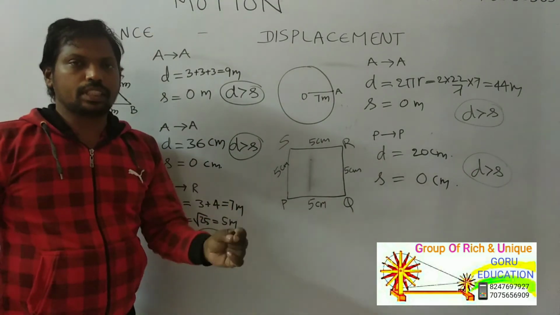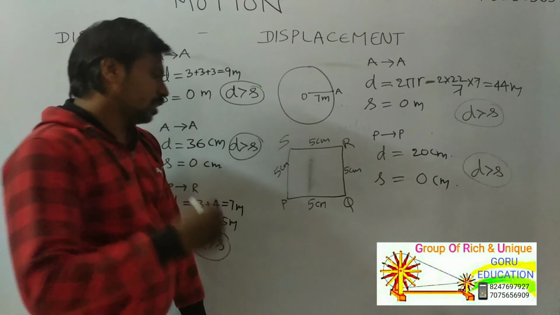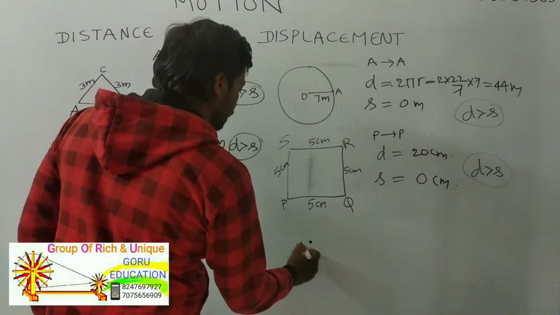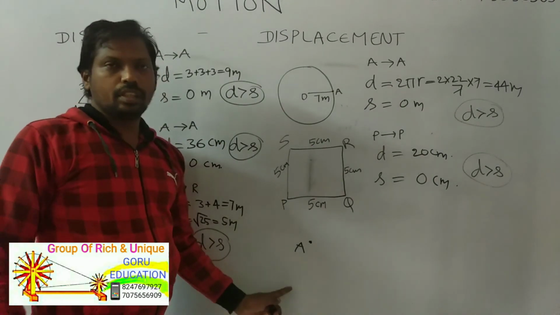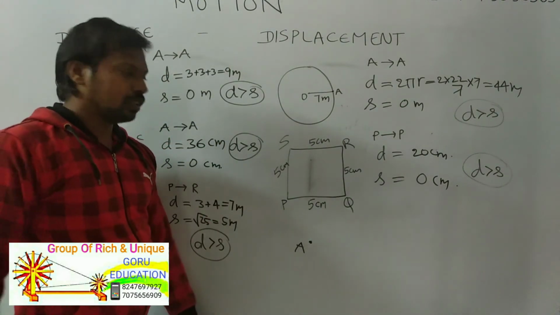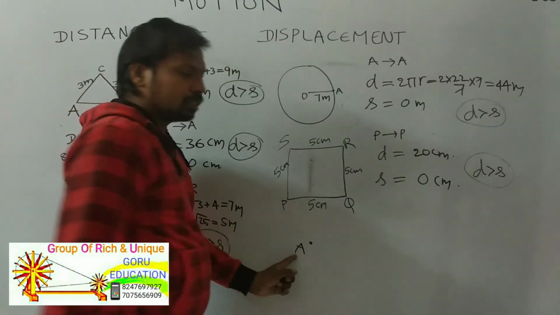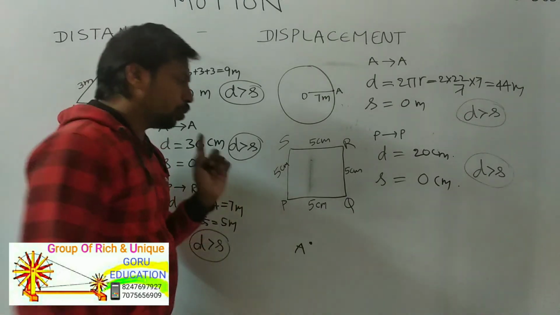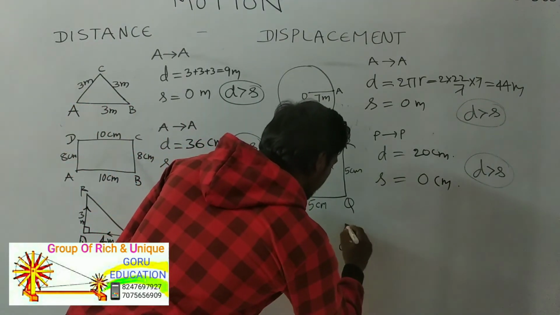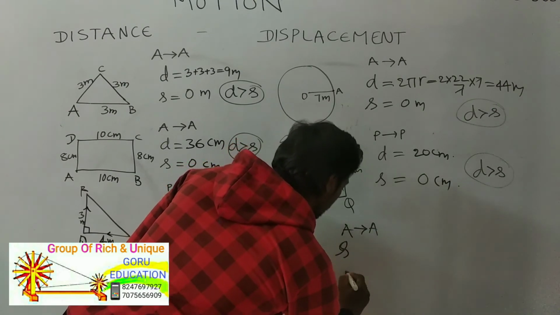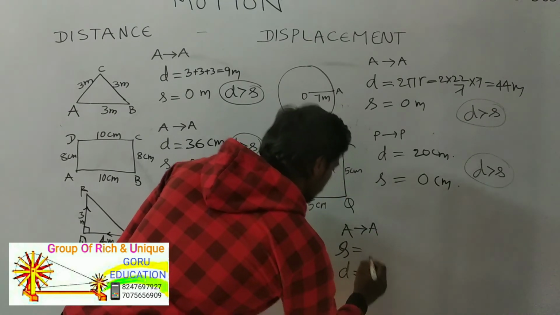So in which case is d equal to s? Take any point. A is a point. Here a person moves from A to A. What is the d and what is the s here?